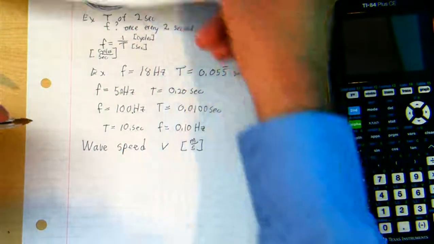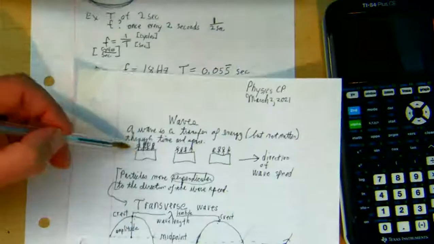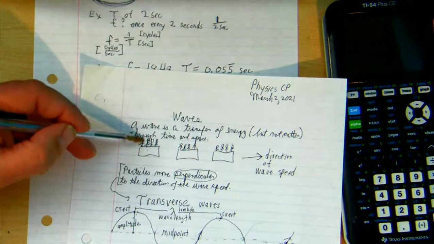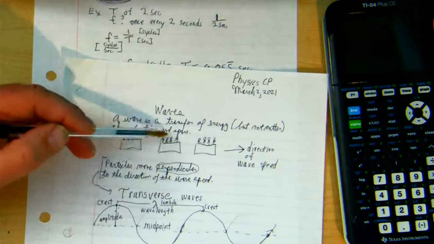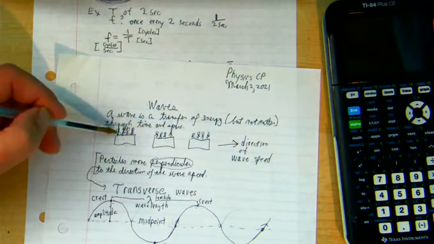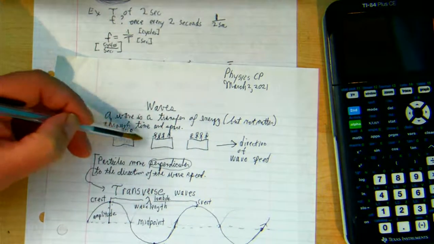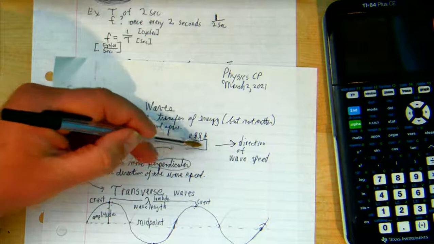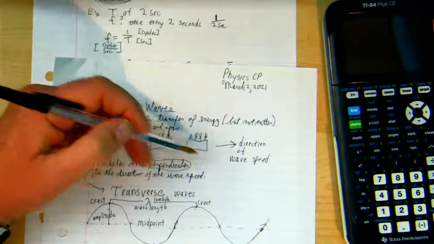Now, this is not the speed at which students stand up and sit down when they do the wave. This is the speed at which the wave moves through space and time, off in whatever direction it's going.